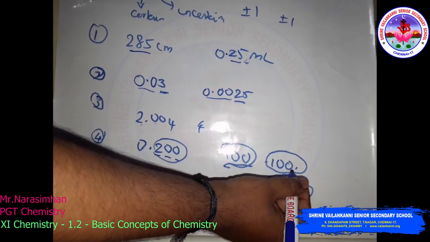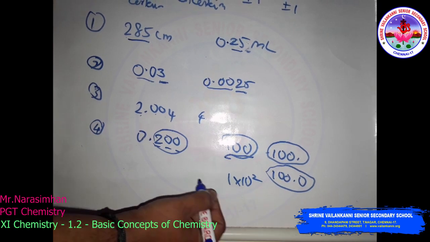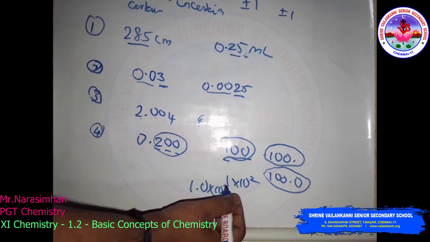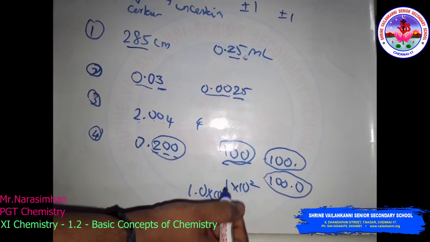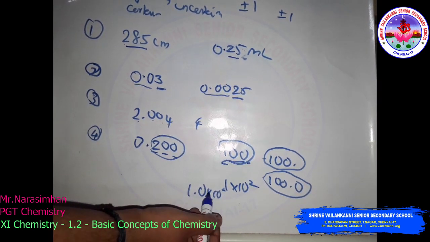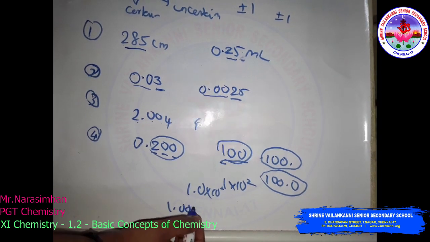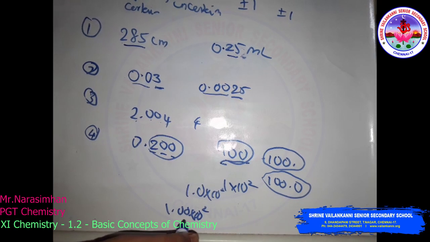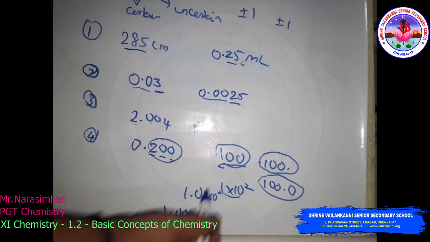For 2 significant figures you write 1.0 times 10 power 2, and 1.00 times 10 power 2 is for 3 significant figures. So this is 2, this is 3, and this is 1.